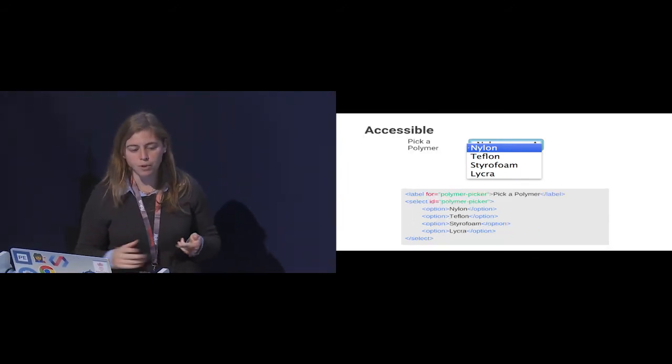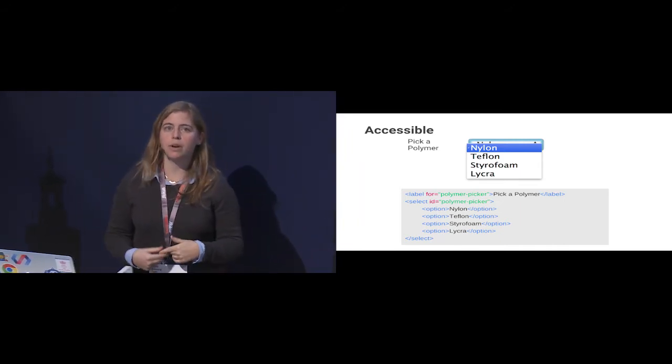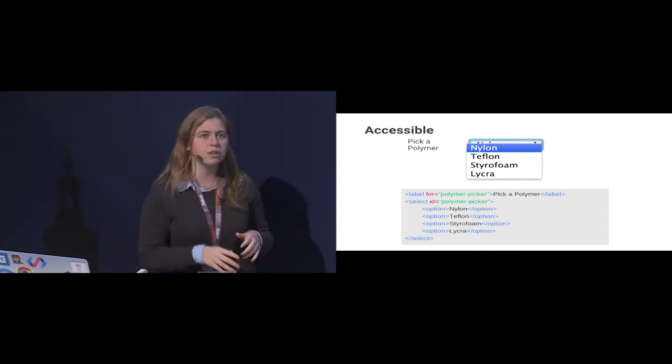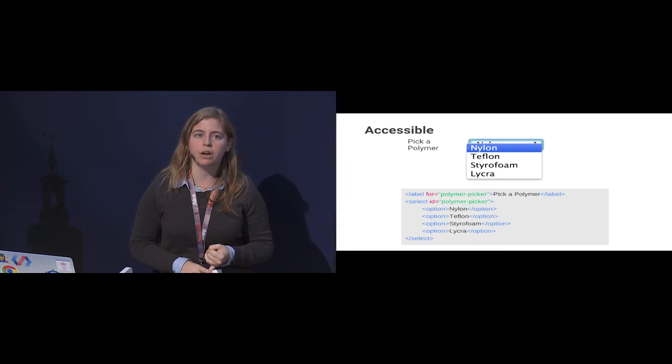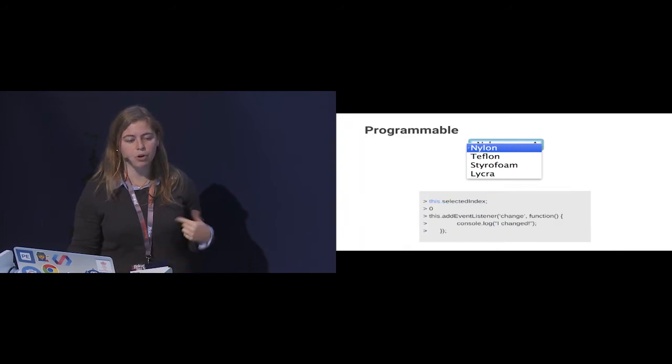The two most important things, it's accessible out of the box. This is very important because we create products for everybody. So something that's baked right into the browser is going to be picked up by a screen reader, accessed by accessible technology, and you don't even really have to think much about it. And also, they're programmable.